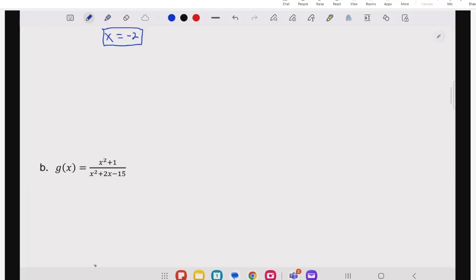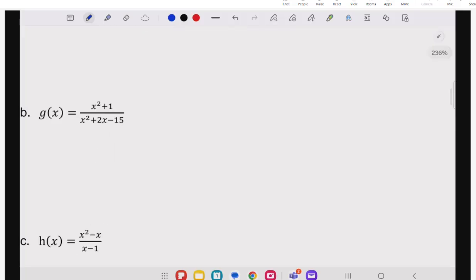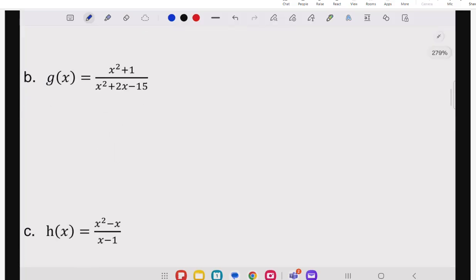Okay, so let's look at the next example. So again, we're looking for the domain restrictions. So we take x squared plus 2x minus 15, set that equal to 0. This one is factor friendly. x plus 5 times x minus 3.